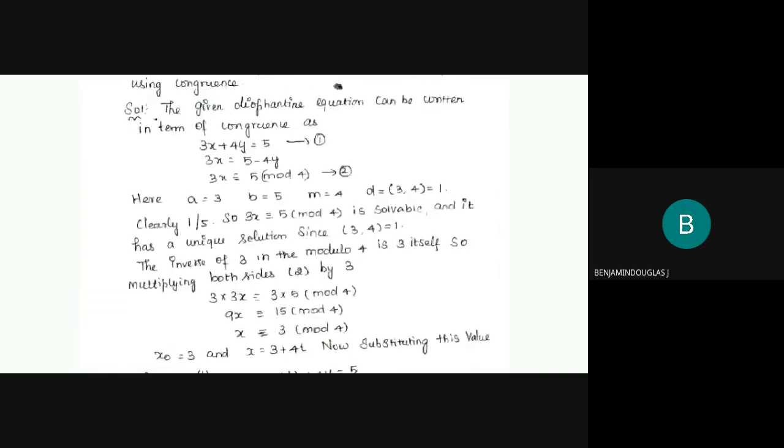Then find the GCD of a comma m. GCD of 3 comma 4 is 1. So the d value is 1. Obviously 1 divides b, here the b value is 5. So 3x congruent to 5 mod 4 is solvable and the solution is a unique solution, since the d value is 1.